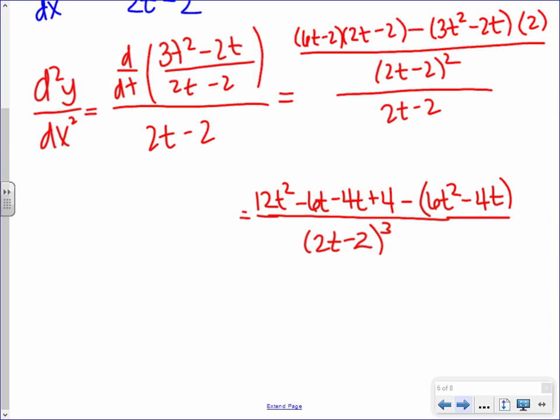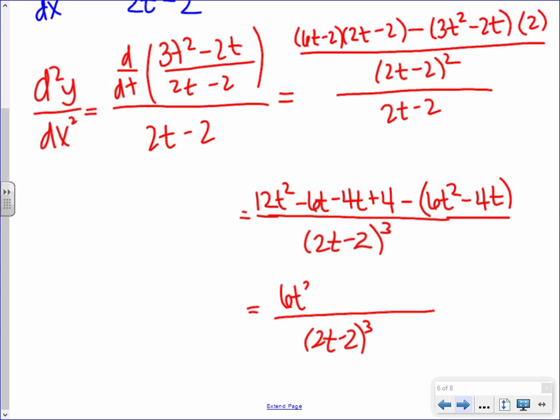When we combine like terms, what are we left with? How many t squareds? 6.